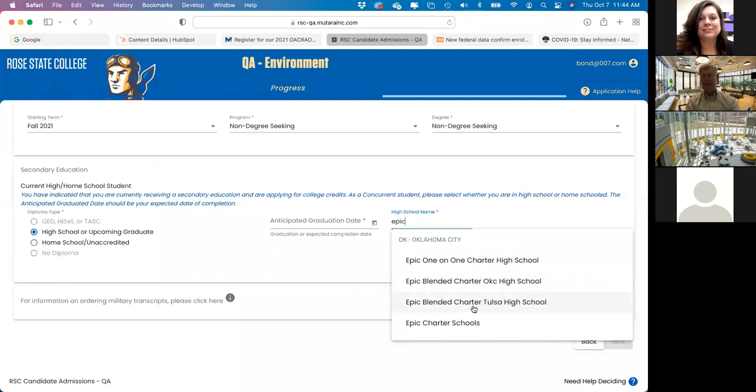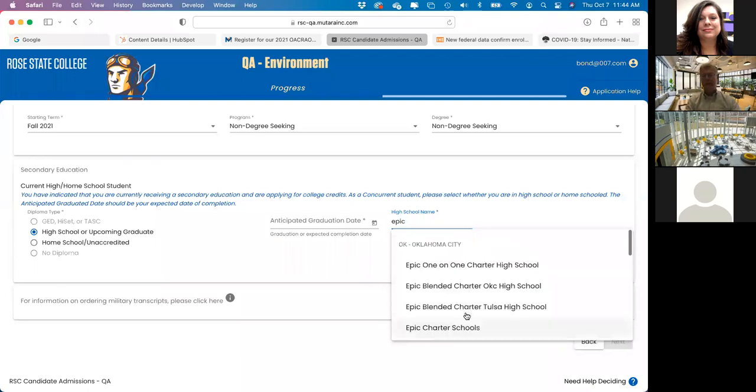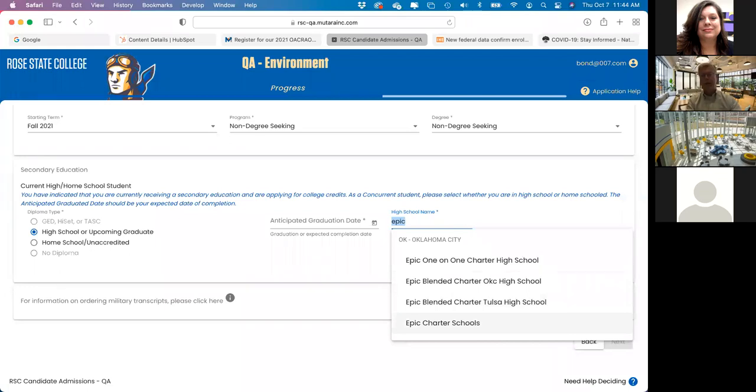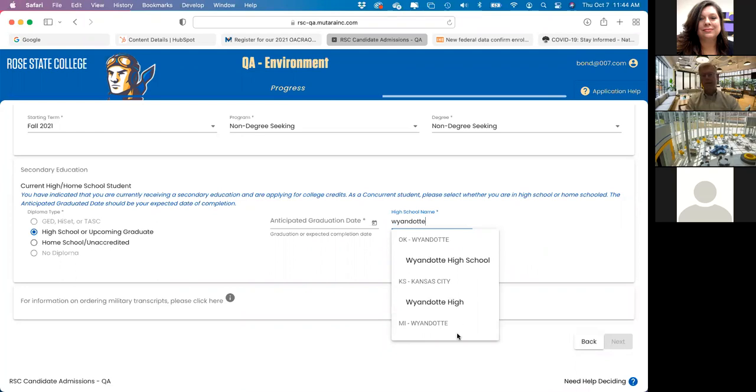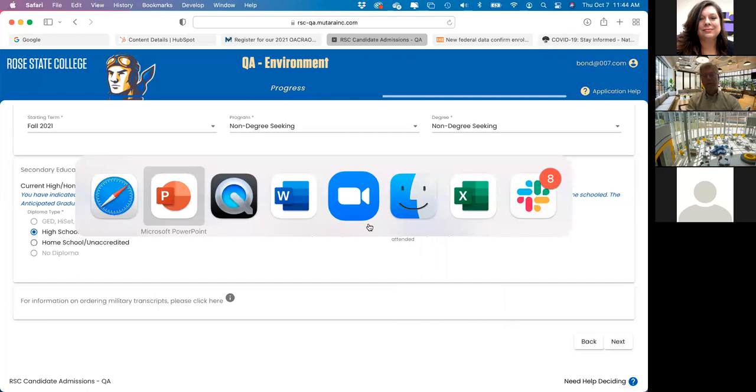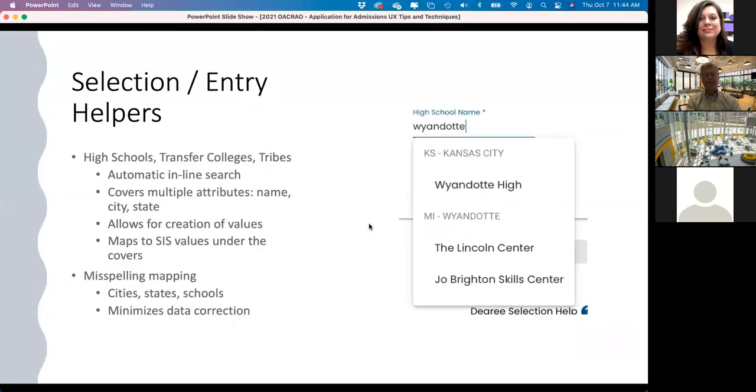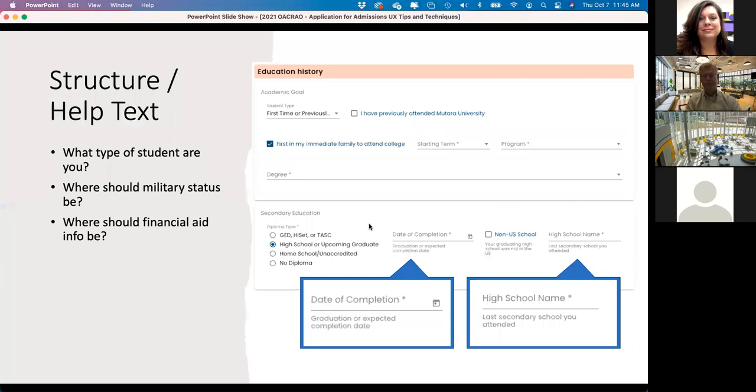We had Epic in multiple towns and cities, so picking the right one is really important. So we spent a lot of time trying to simplify this and make sure that you're getting correct data. It is much better. We've worked on it quite a bit and it works very well.